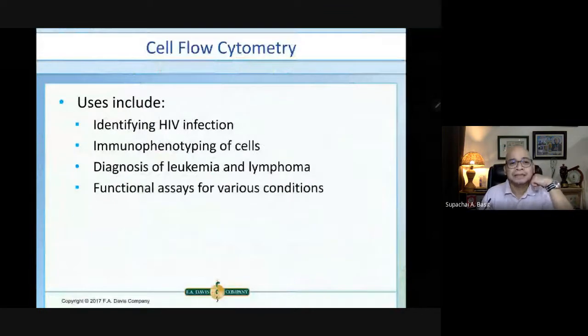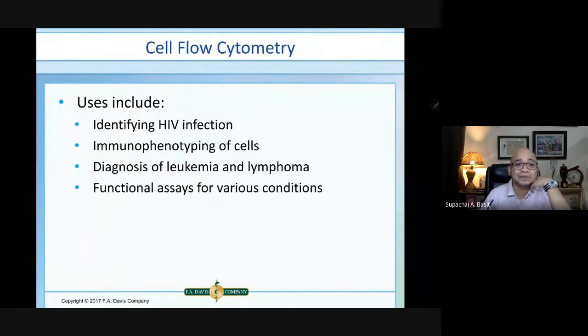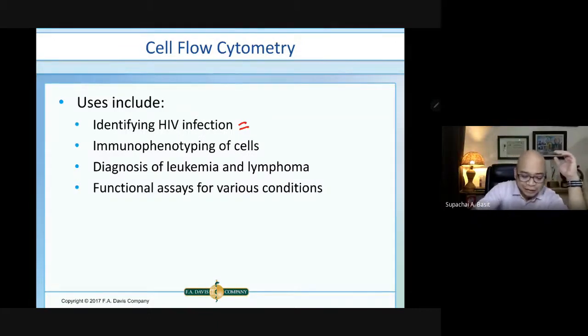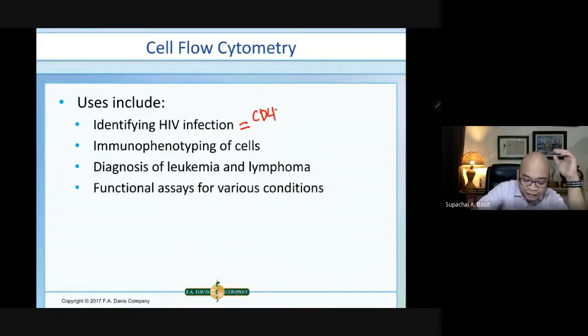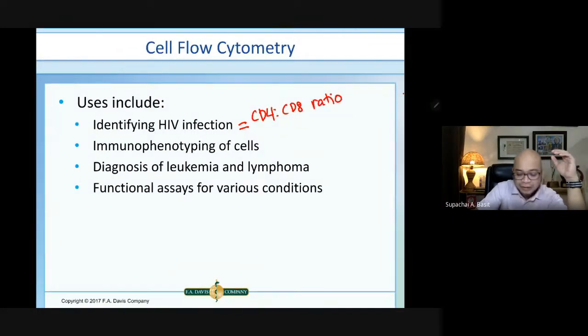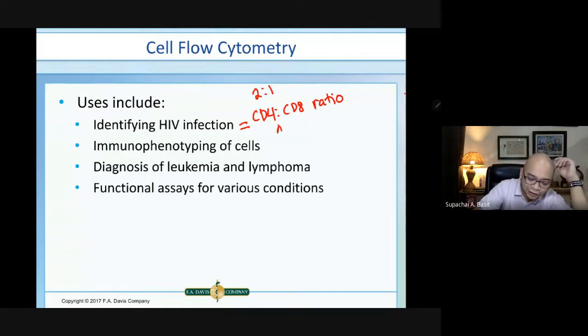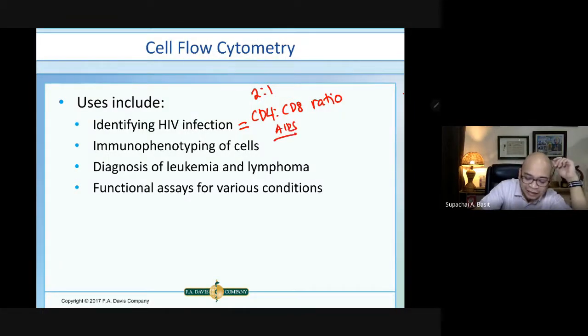Flow cytometry is used for the diagnosis or identification of HIV infection, particularly in determining the CD4 CD8 ratio, because normally the CD4 CD8 ratio is 2:1. However, if you are now in clinical AIDS, there is what you call the reverse CD4 CD8 ratio.